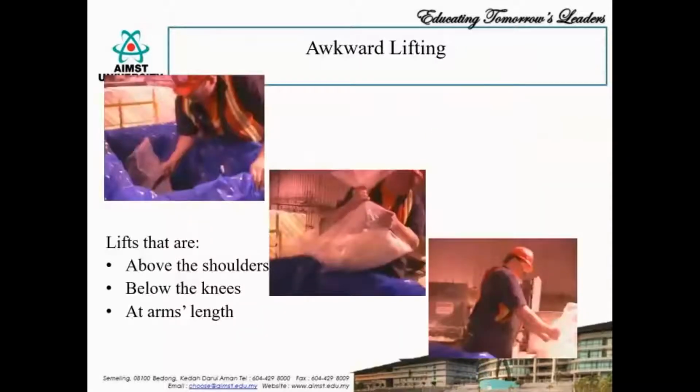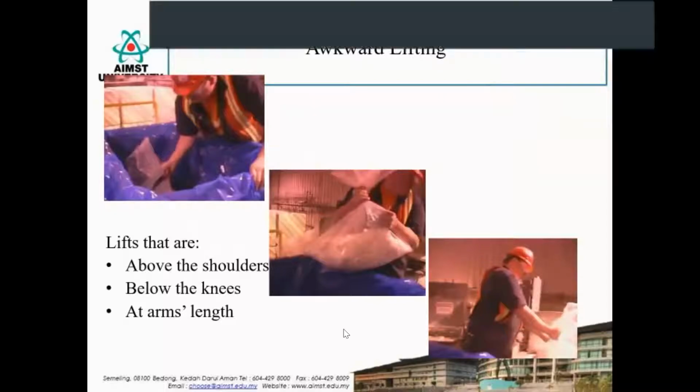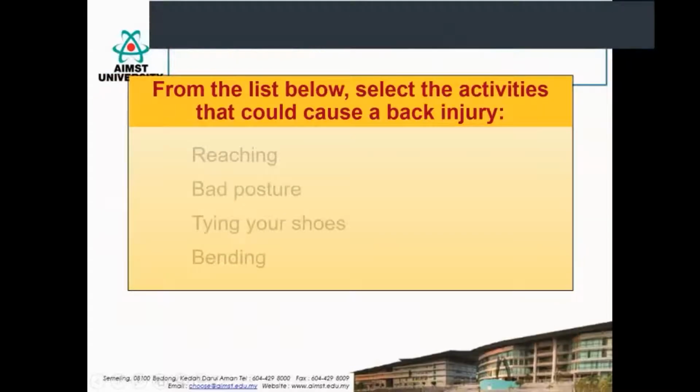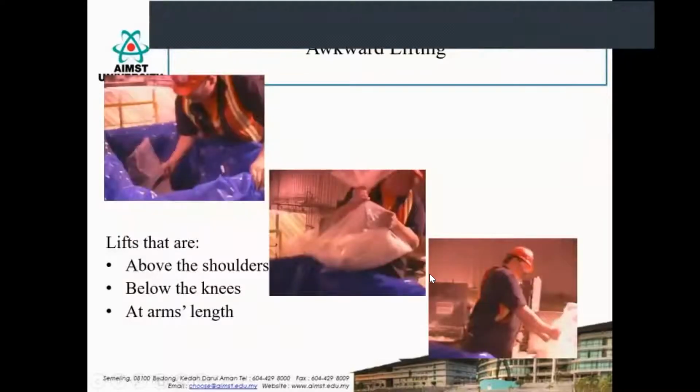Then these are some of the things which we should not do. Some of the movements we should not do. Here, first, if you see, the person is bending the spine.